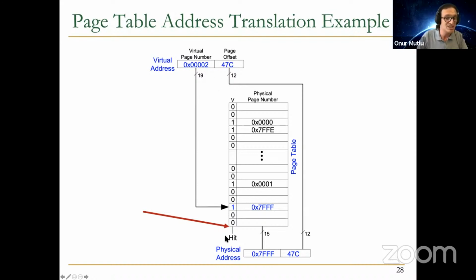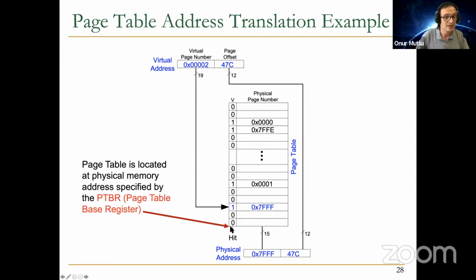We need to access the page table for that virtual page number. So a page table is stored in physical memory. And this is going to be an issue later on that we're going to solve. But page table has a page table base register. And each page table entry, as I said, stores each virtual page number's corresponding valid bit and physical page number.